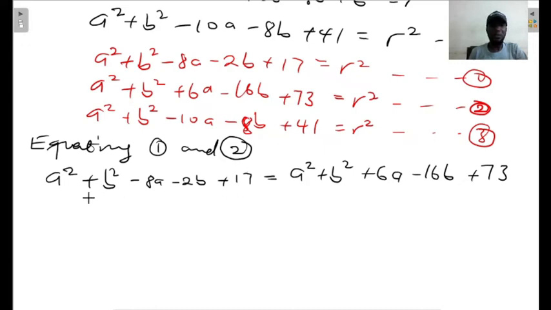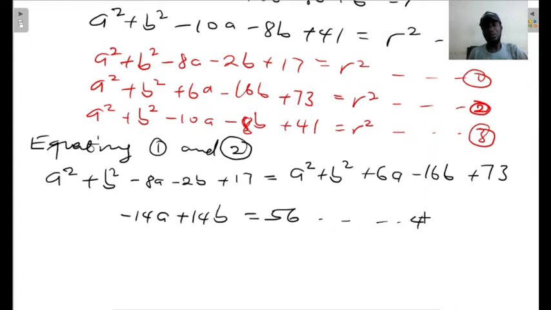So by regrouping, a squared minus a squared will be 0, b squared minus b squared will be 0, then negative 8a minus 6a will give me negative 14a, then negative 2b, this is minus, so plus 16b will give me plus 14b, then this will be equal to 73 minus 17, and that will be equal to 56. Let me call this equation 4.